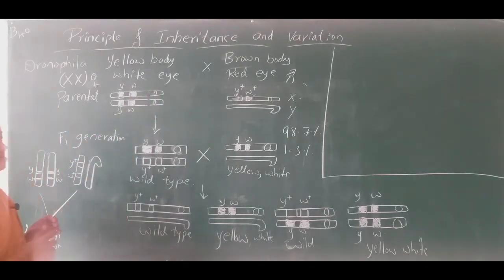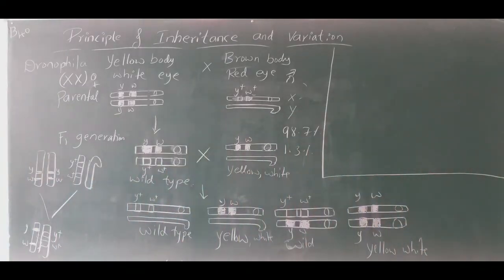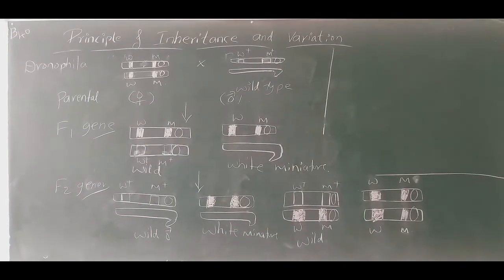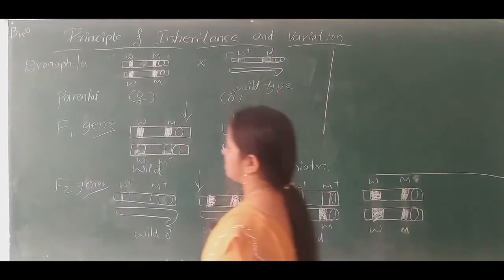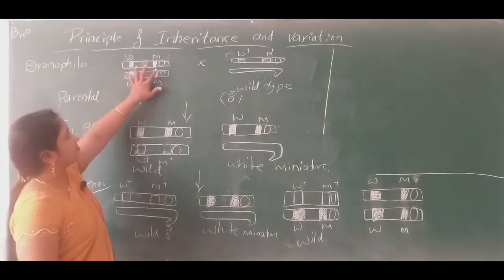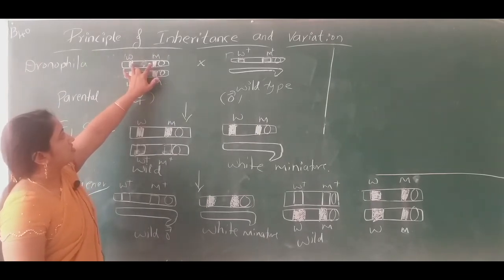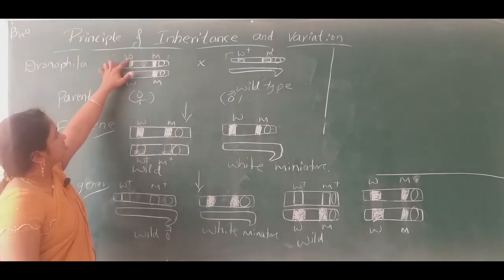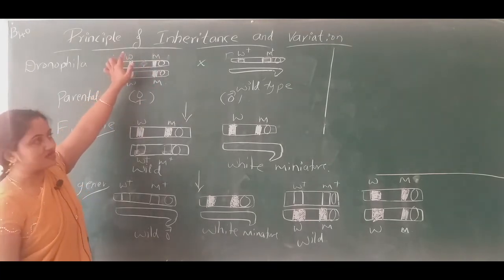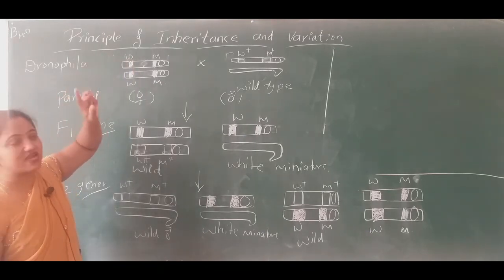One more example I should show. So we have one more example here, but in this example, I have shown the genes located far away from one another. W means white-eyed; that gene's phenotype is white eye.